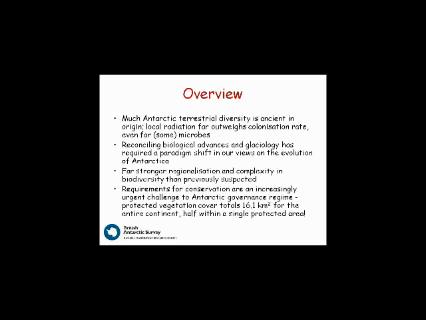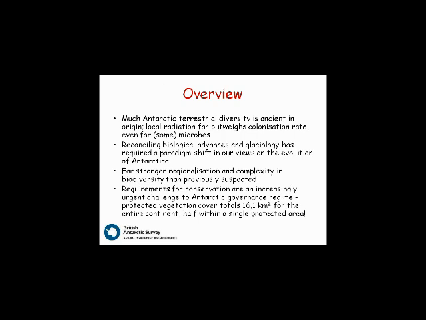And it's a two-way interaction. Both sides can form the other. There is far more complexity and regionalization in Antarctic biodiversity than we'd ever suspected, and that's coming out very recently. And this in particular provides a very practical challenge for conservation and governance in the Antarctic, so to the Antarctic Treaty System, basically.